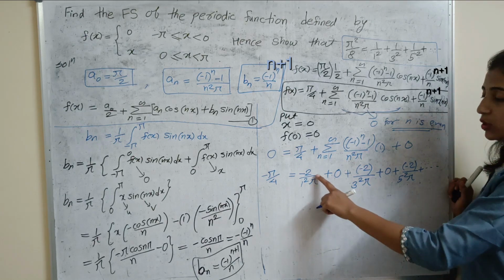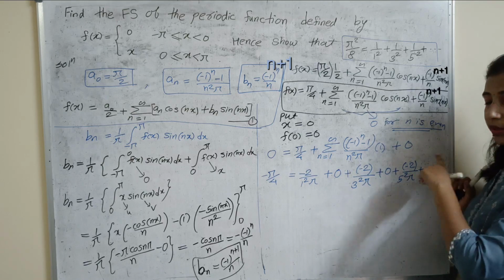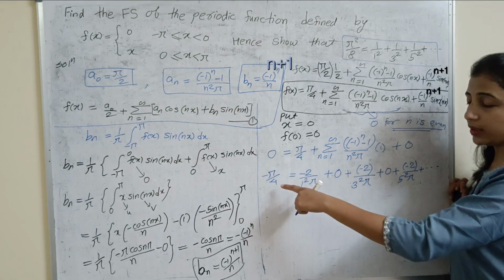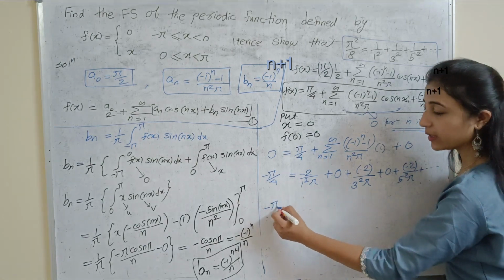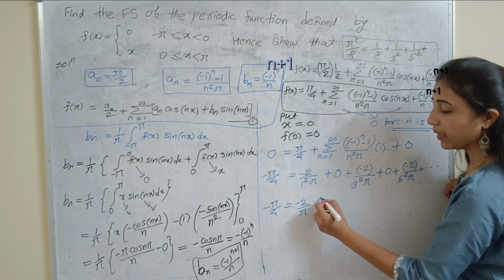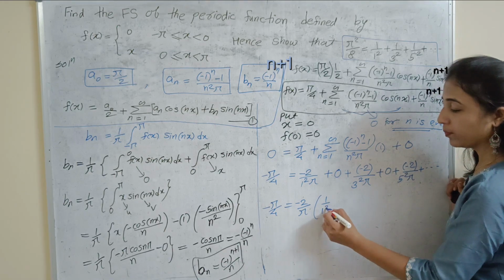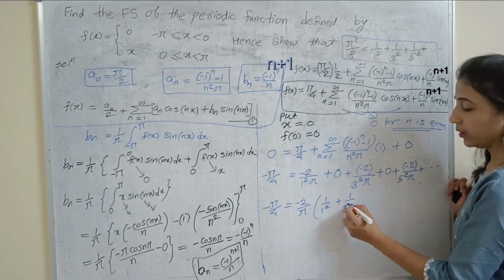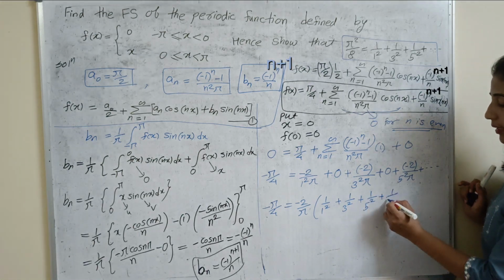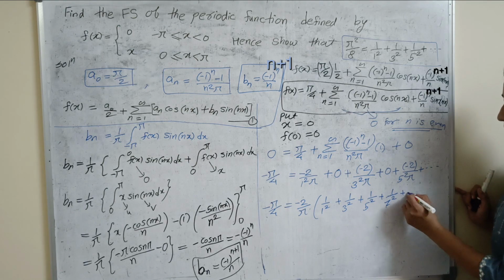Now here minus 2, minus 2, minus 2. Just take the common, and minus 2 by pi you can shift to the left hand side. So firstly I will take this minus 2 by pi common. So the remaining terms are 1 upon 1 square plus 1 upon 3 square plus 1 upon 5 square. If we continue, the next is 1 upon 7 square, and so on.